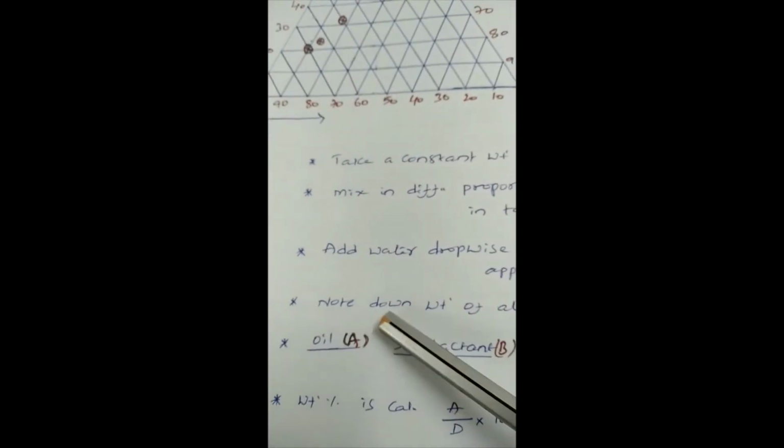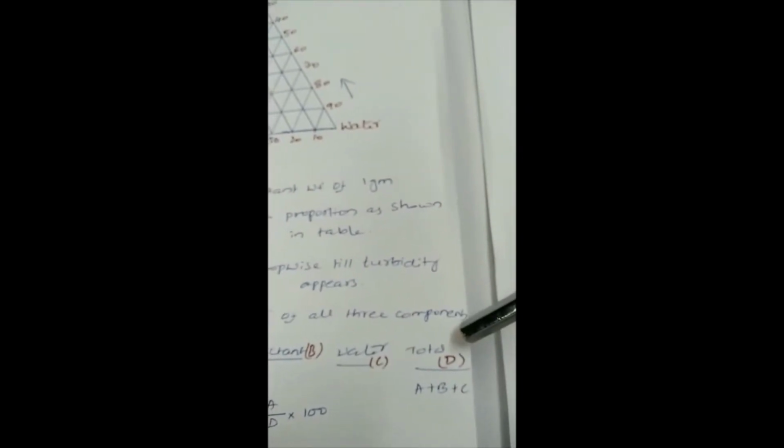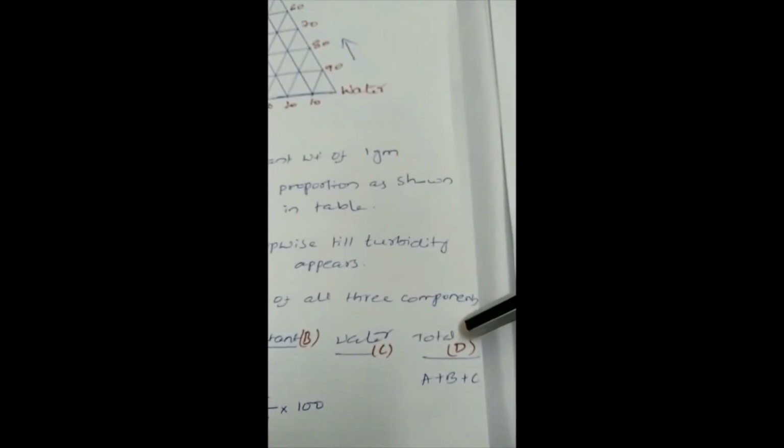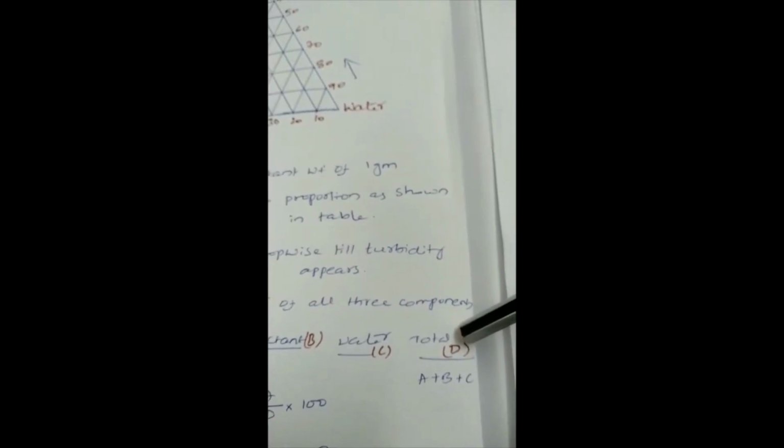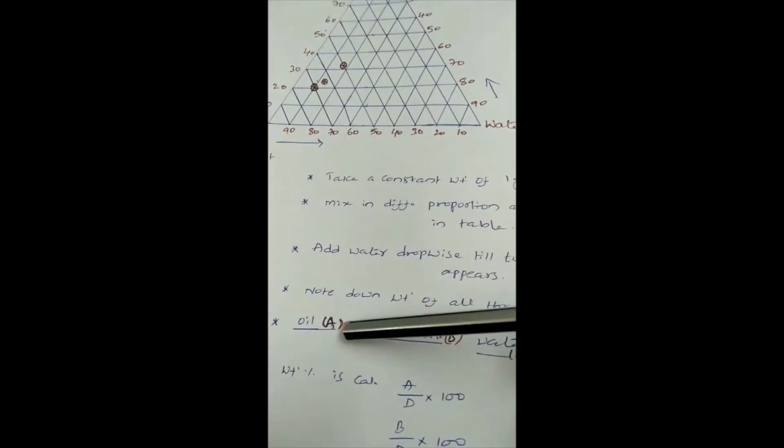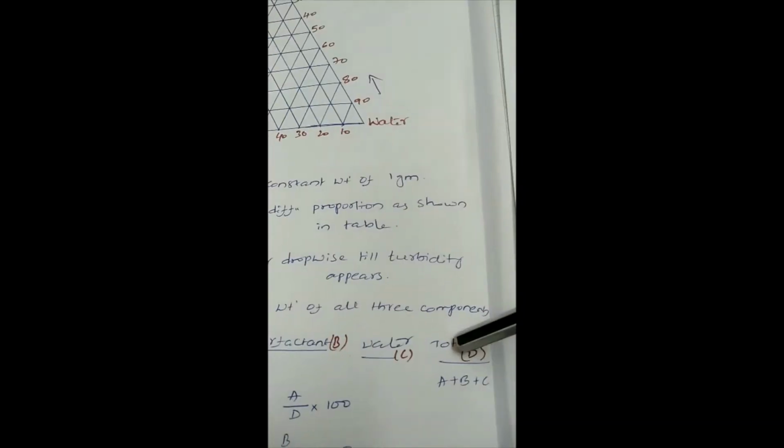In the first step you take the weight of oil, which is A, and next you weigh the surfactant, which is B. Then you will have a weight of A plus B, and then you go on adding water. In the end, when turbidity forms, you take the total weight, which is called D. If you subtract the weight of oil plus surfactant from the total weight, you will get the weight of water.